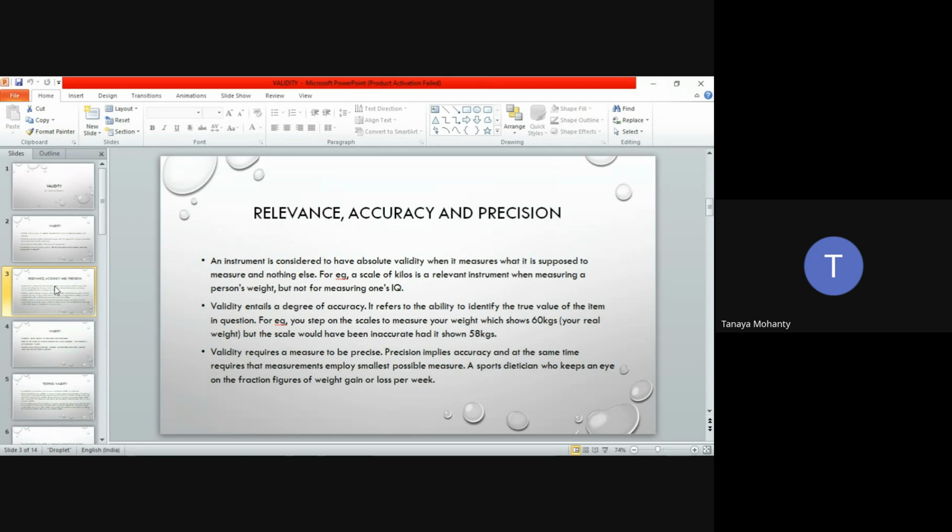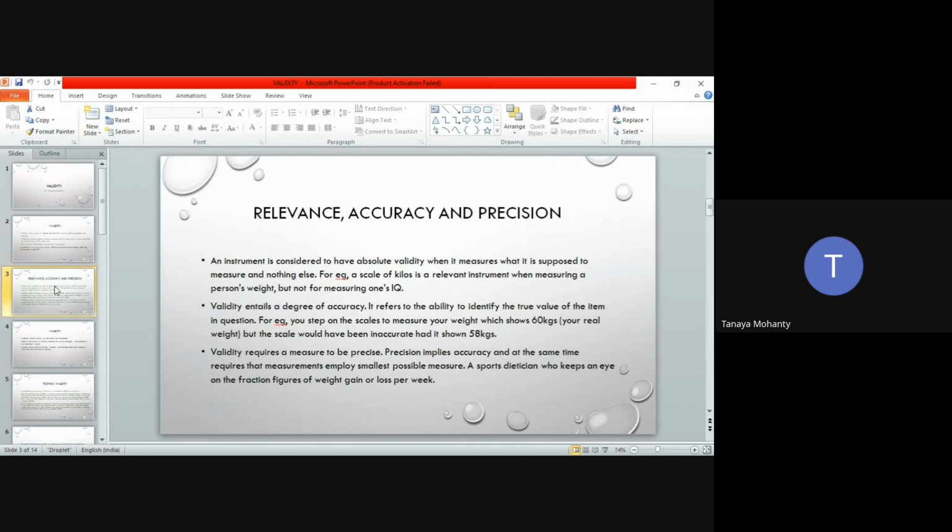Second point, validity entails a degree of accuracy. How accurate your measuring instrument is. After relevance, you have to ask certain questions about accuracy. It refers to the ability to identify the true value of the item in question. For example, you step on the scales, your real weight is 60 kgs, but the scale would have an inaccurate reading and show 58 kgs.